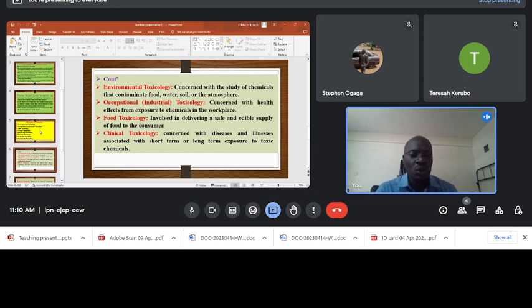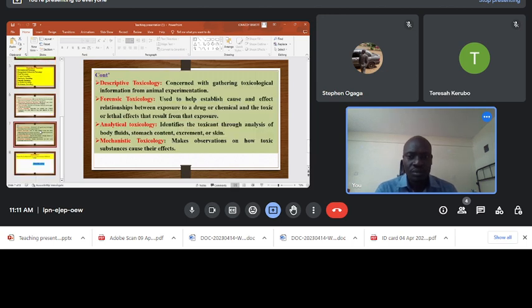Then clinical toxicology is concerned with the diseases and illness that is associated with the long-term or short-term exposure to toxic chemicals. Then descriptive toxicology is concerned with gathering toxicological information from animal experimentation. Forensic toxicology is used to establish cause and effect relationship between exposure to a drug or chemical and toxic or lethal effect that result from that exposure.